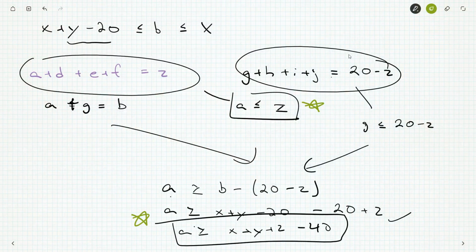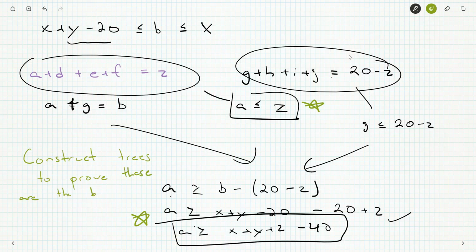The only way to prove that these are the max and min is to actually construct trees. And I would definitely write that I need to construct trees. It shows that you know that it's not all about inequalities. Construct trees to prove these are the biggest and smallest.